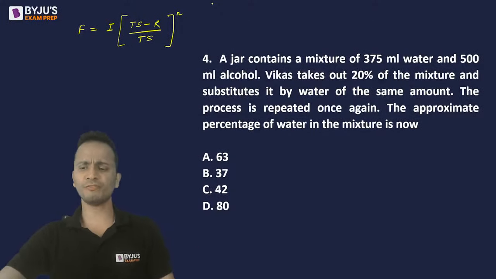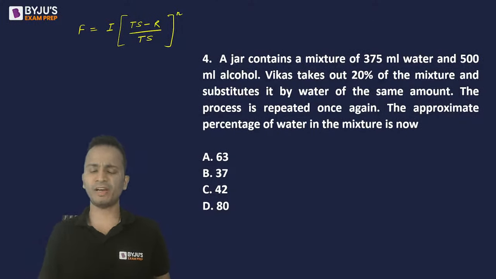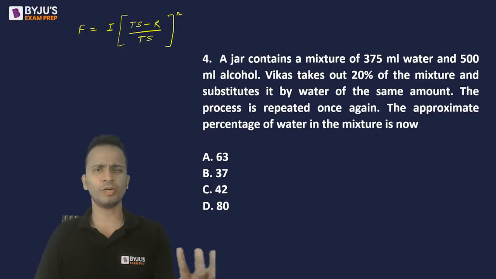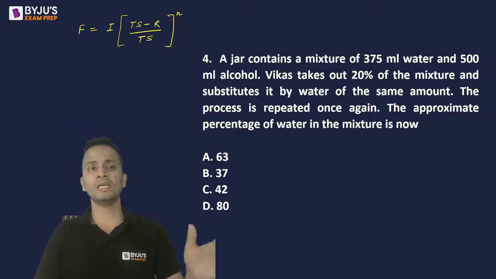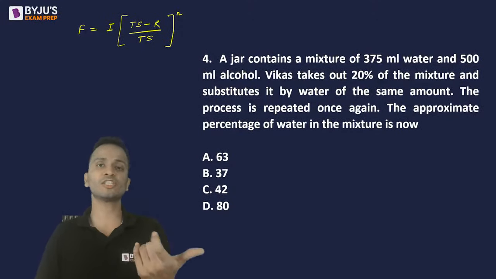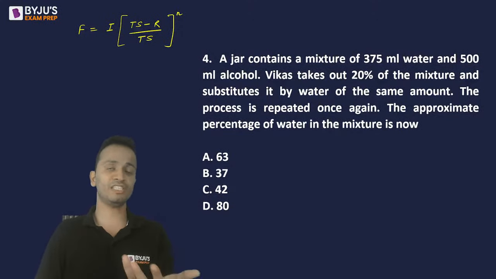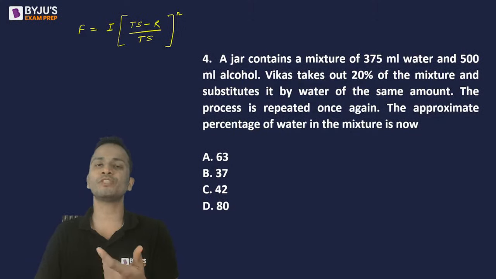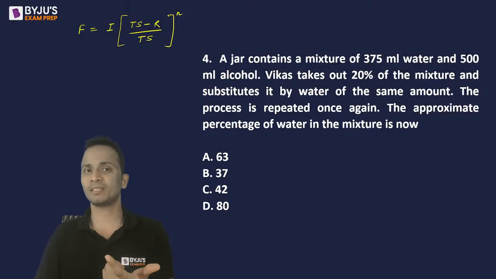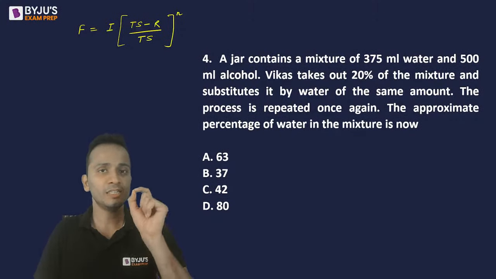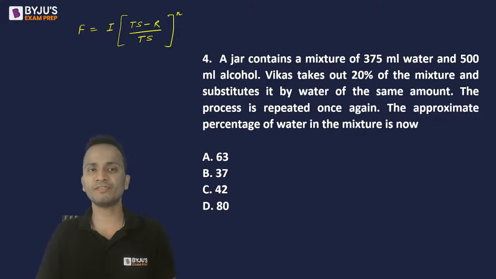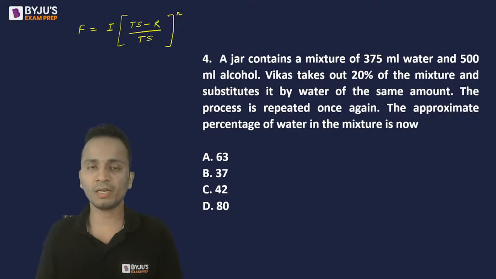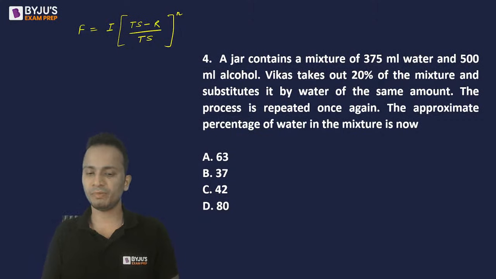I have just written the formula for removal replacement, which says: final fraction or final percentage, whatever you want to take, is equal to initial fraction or percentage, whatever is on the left hand side, into the bracket, total solution minus removed divided by total solution. Basically, the fraction of solution which is left inside the bracket, raised to the power the number of times the step is repeated.